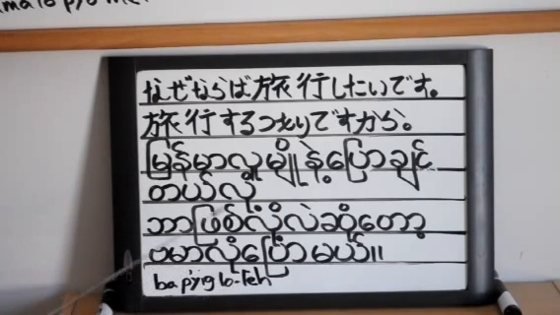I don't think I added this, but it's pretty much the same as what we had before. So, Myanmar lu myone, Byojin de lo. So because I want to speak with Burmese people.